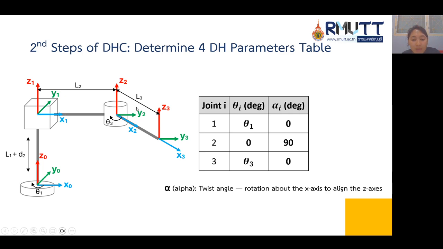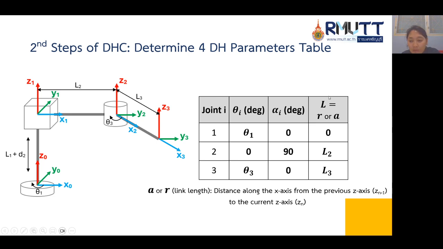And for joint 3, the previous x-axis is x2 and the current x-axis is x3. Because this is in line, the alpha value is 0.